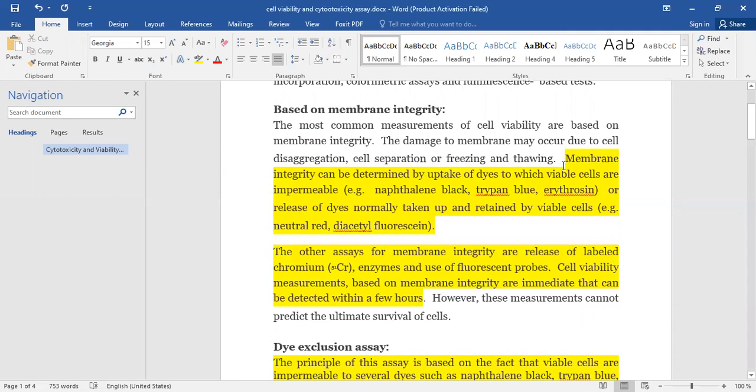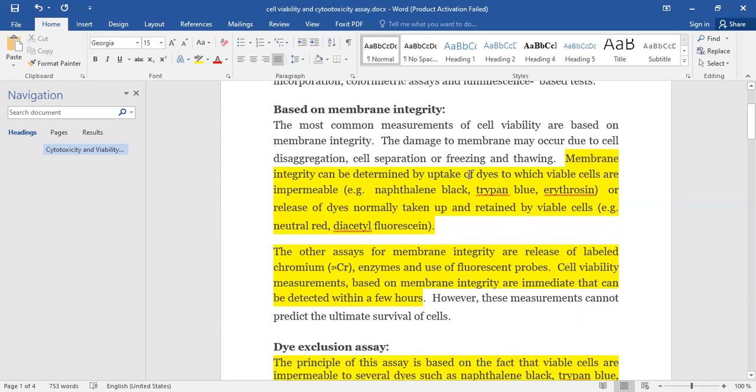So how is cell membrane integrity tested? It is tested by the uptake of dyes, because some dyes are taken up by the cell and some dyes are not.